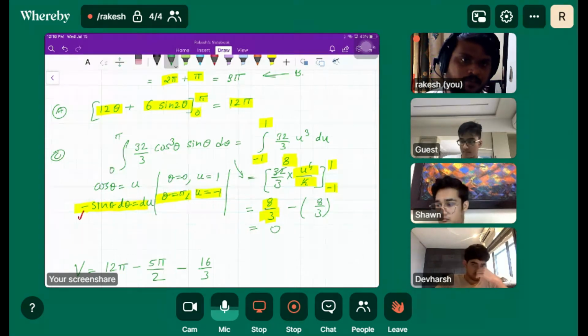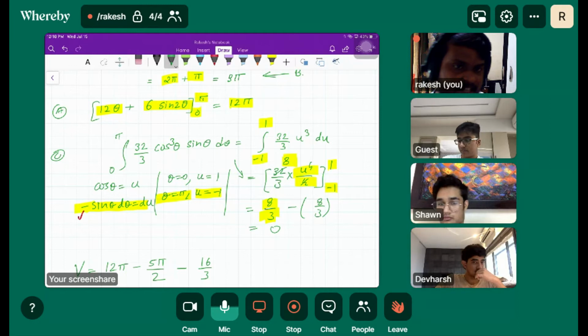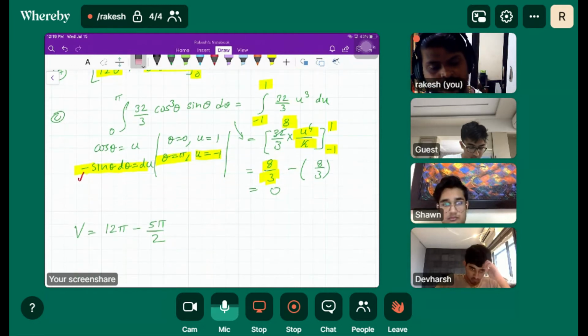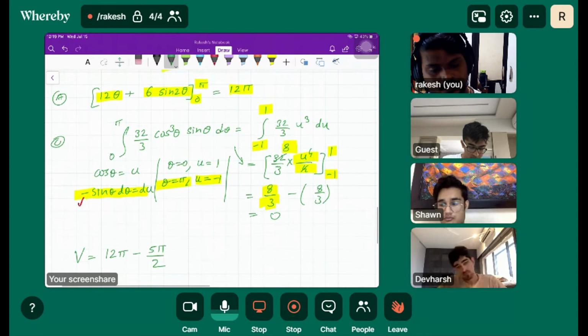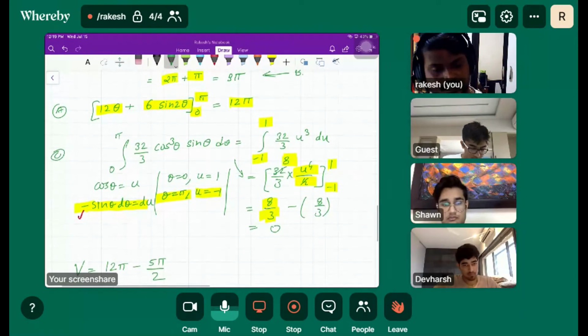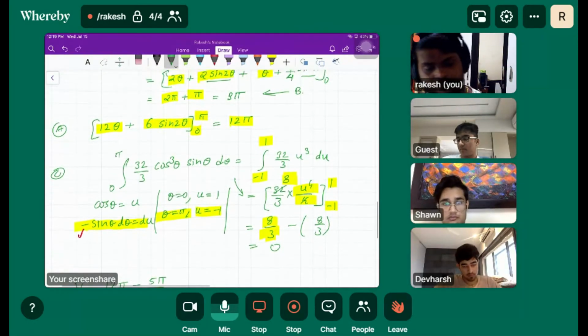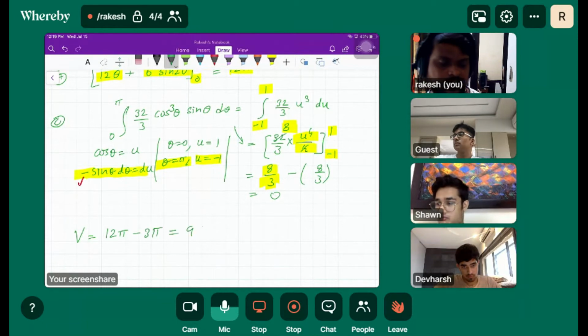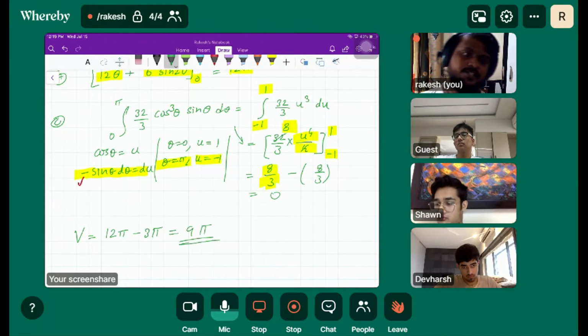It's not an odd power. So therefore 8 by 3 minus 8 by 3 is 0. This term is cancelled out completely. We got 12 pi minus 3 pi, which is 9 pi. So this is your final answer.